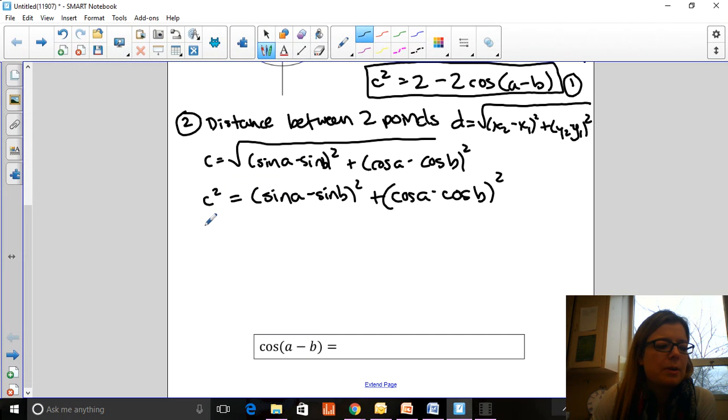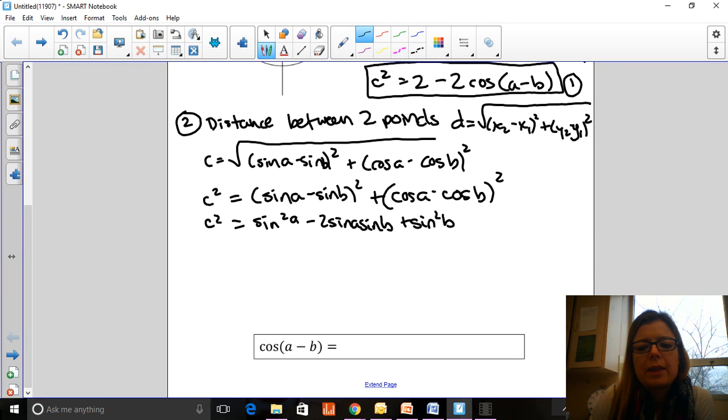So c squared equals, now if we FOIL this out, you would have sine A minus sine B times sine A minus sine B. So that would give you sine squared A minus 2 sine A sine B plus sine squared B, and then plus cos squared A minus 2 cos A cos B plus cos squared B.